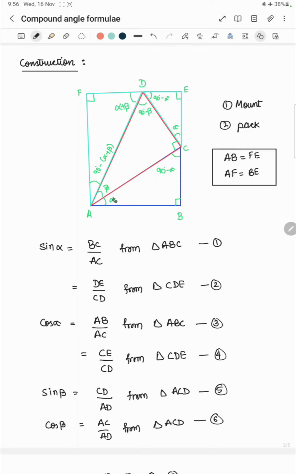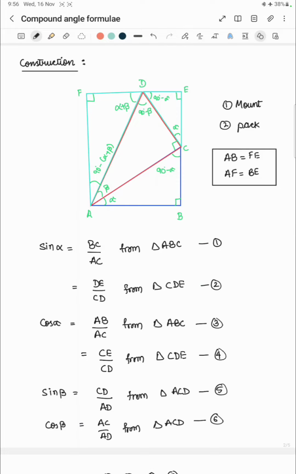What I'm trying to say is that alpha and beta share a common point, in this case A. Now this step is called mounting. You have mounted the triangle ACD on top of triangle ABC. So far good? Moving on.